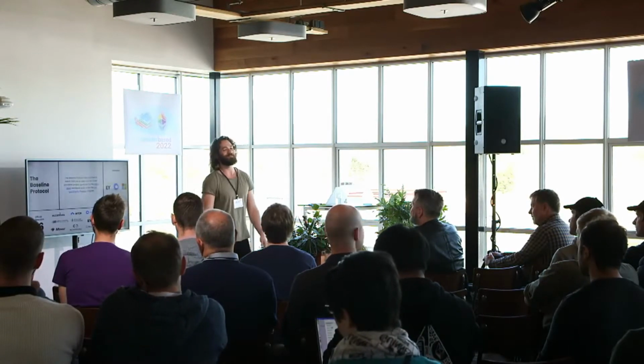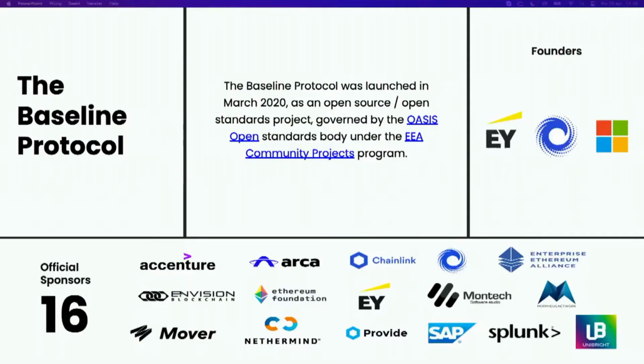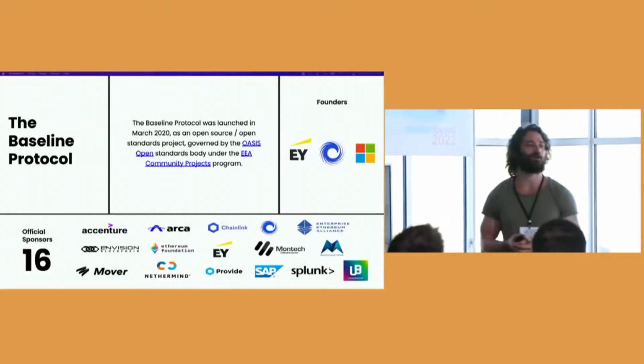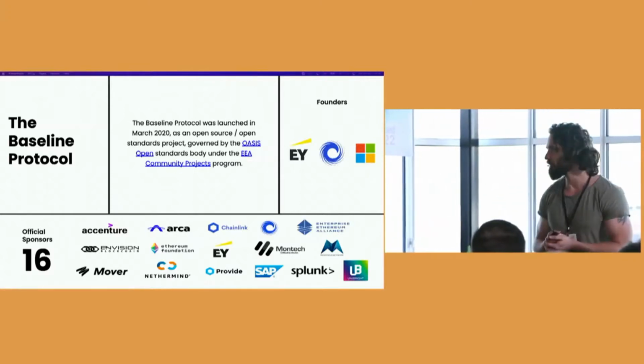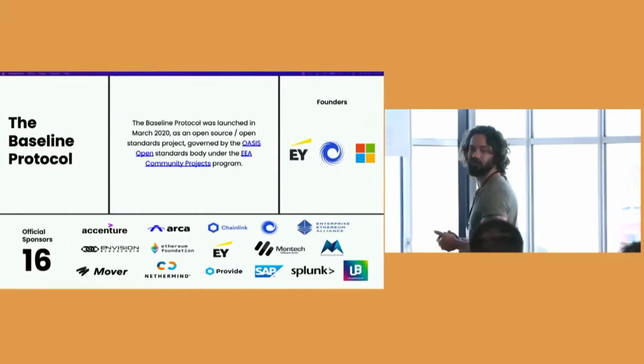Okay, there you go. Before we dive into a real simplified example to elucidate some of the architecture behind the protocol, the standard itself, of course, starting off with a little bit of background. Baseline Protocol launched March 2020.